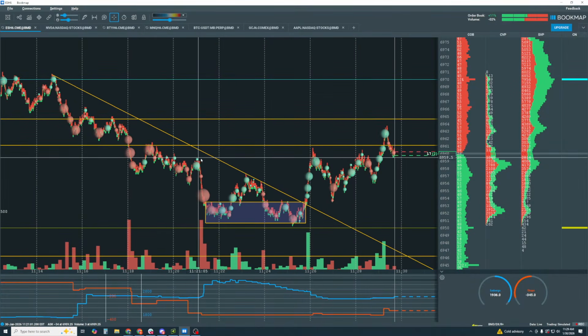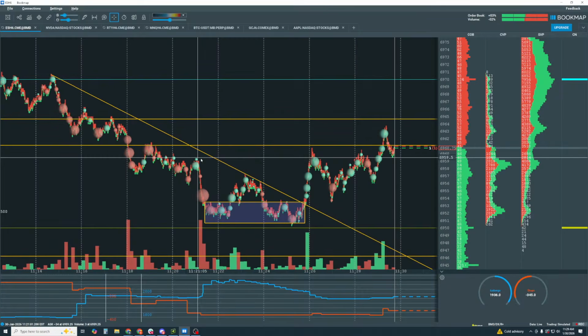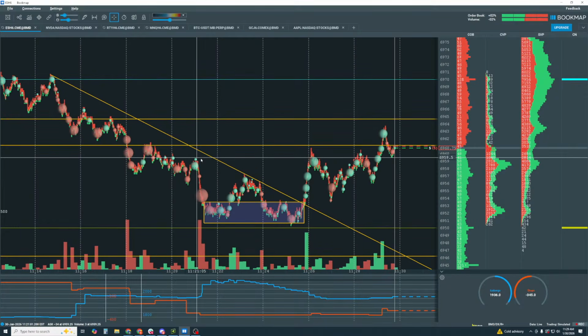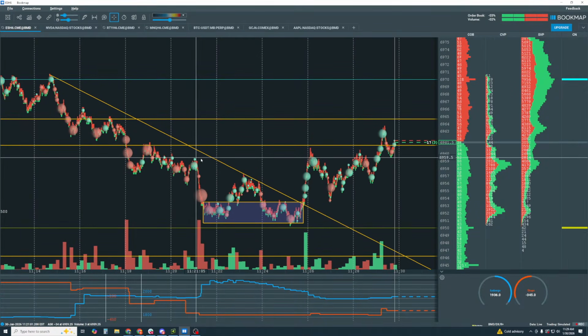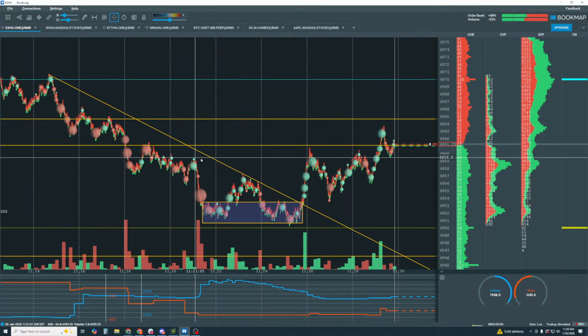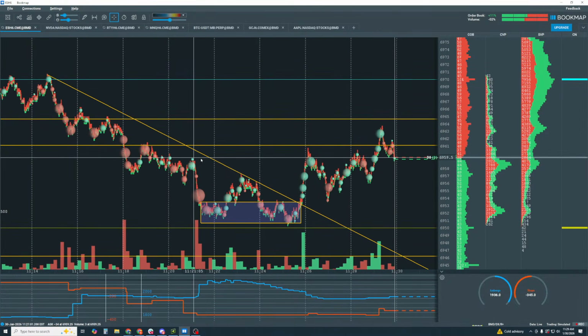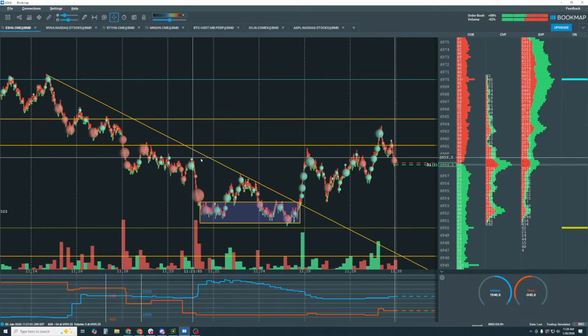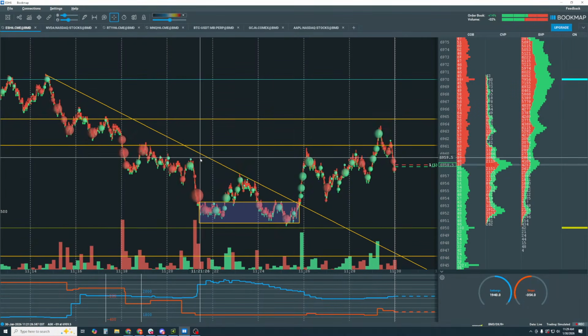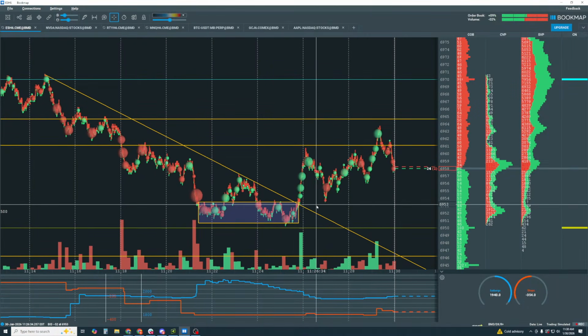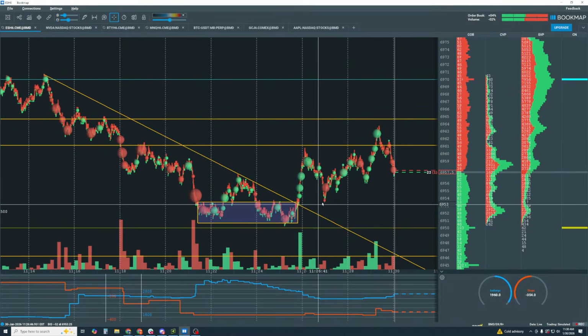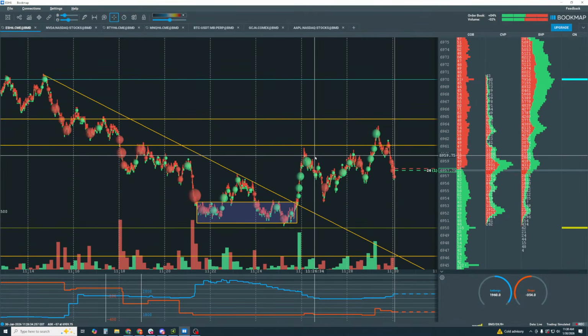Trying to keep it real simple. Just forget about candlesticks and retracements and Fibonaccis, forget all that stuff and just think about these things: volume and structure. Right, and we have a context.